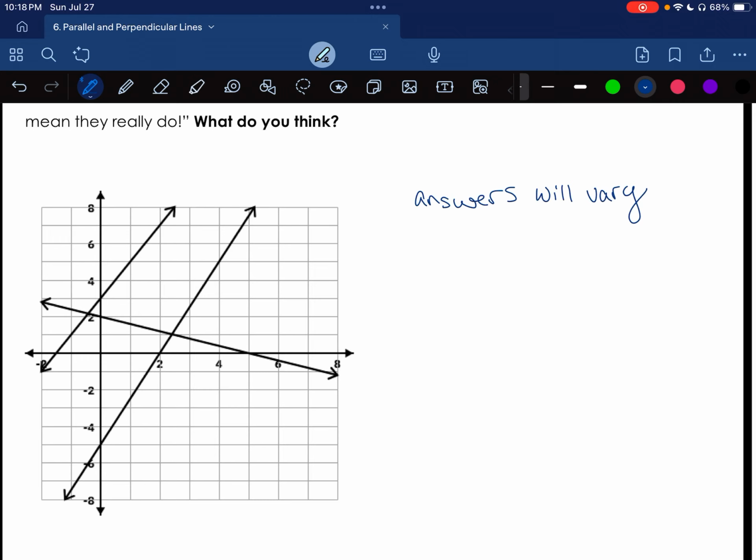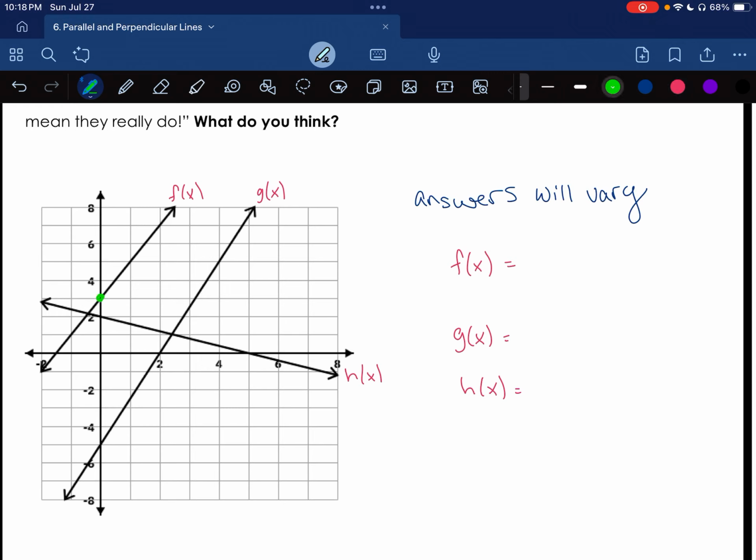All right, so again, we're going to write our equations of these. So I'll call this one F, this one G, this one H. We'll go ahead and write their equations. Again, I'm going to use slope-intercept form.